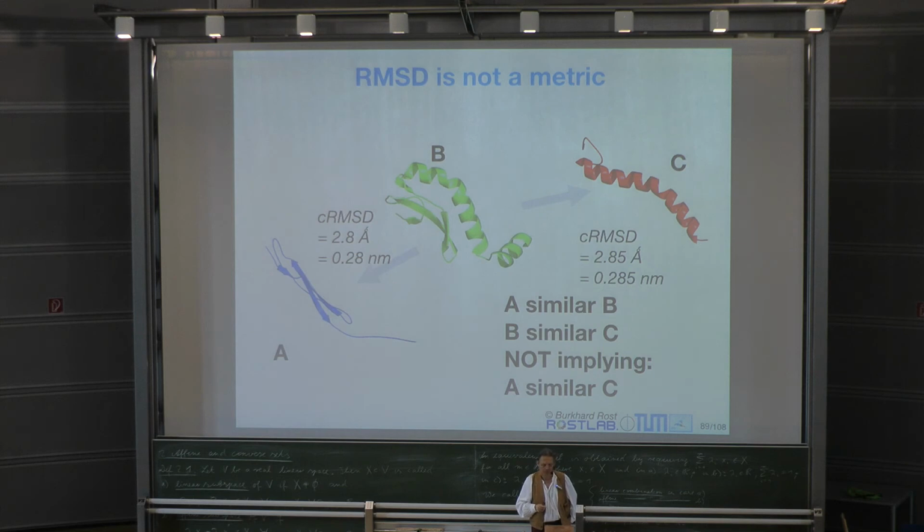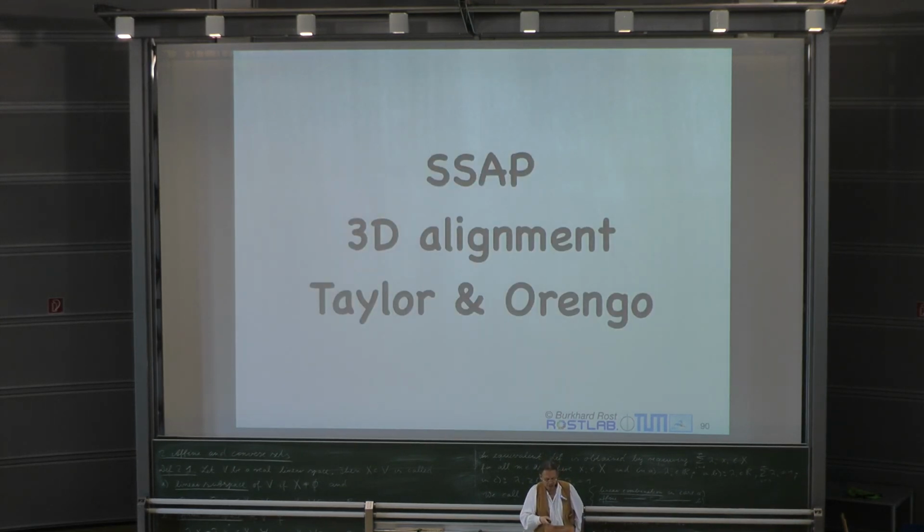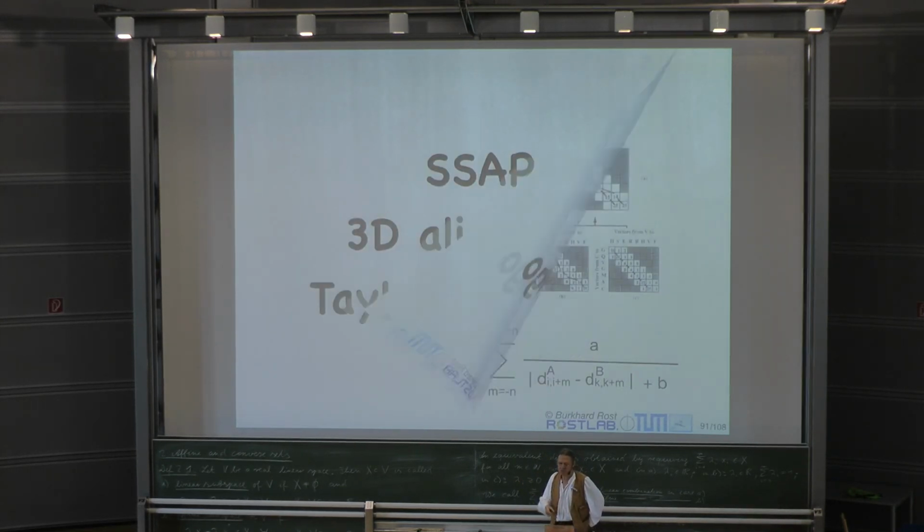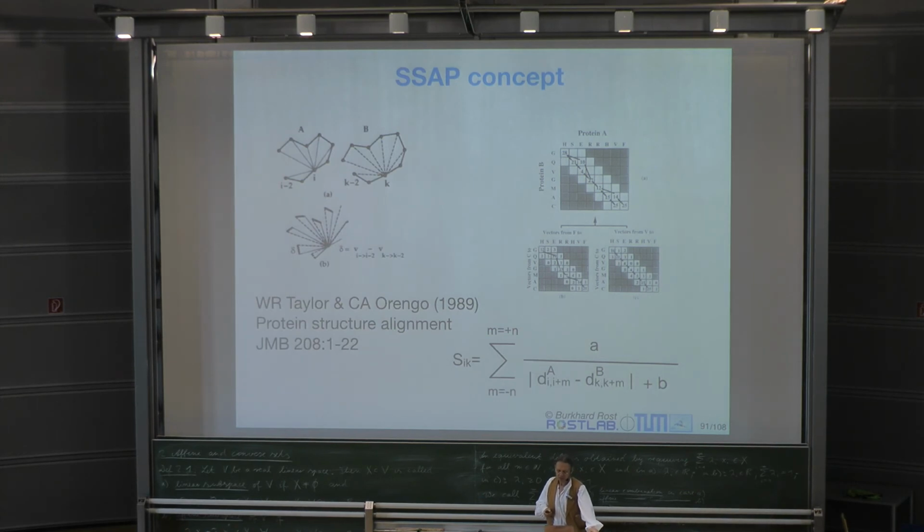It's not a metric. So there's one alignment method that uses local environments, not quite distances, let's call it that. You look at a particular residue and its local environment distance and do a simple comparison of those.